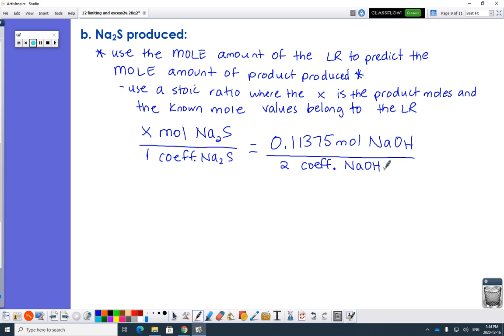So again, these are pretty nice coefficients. Basically, all you have to do is divide by 2 because this is the 1 down here. But I can write it.